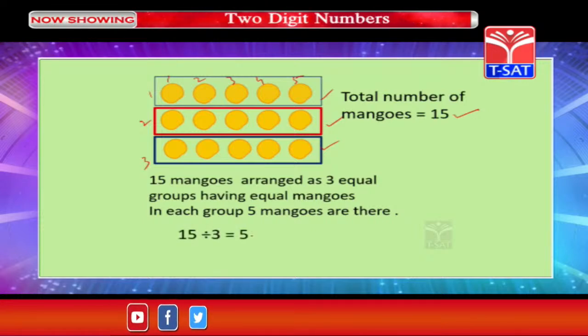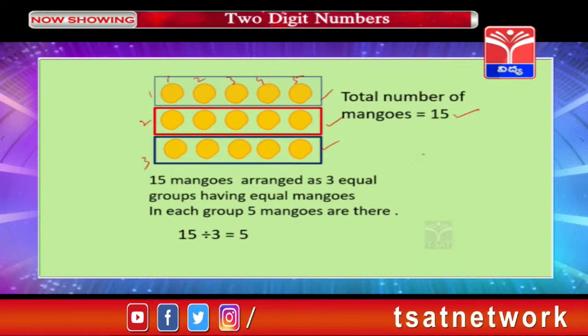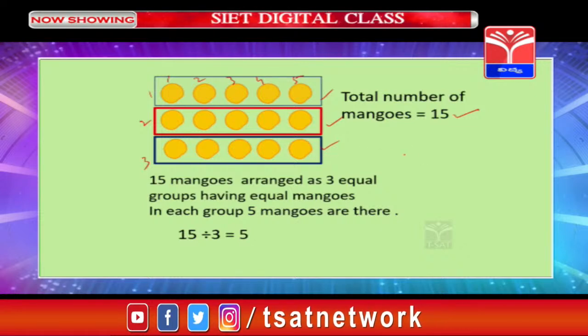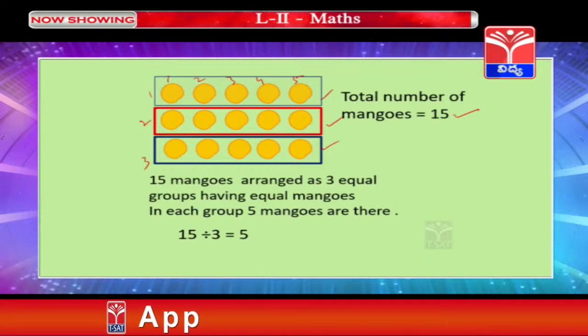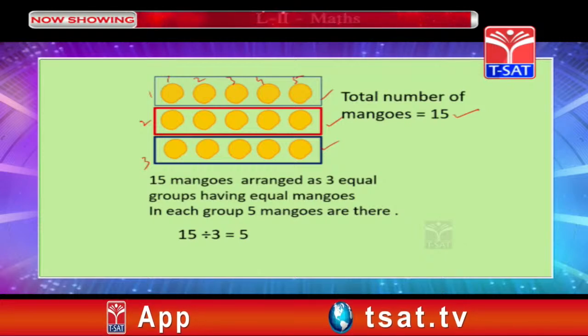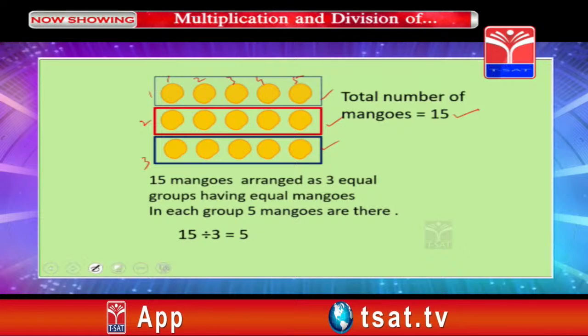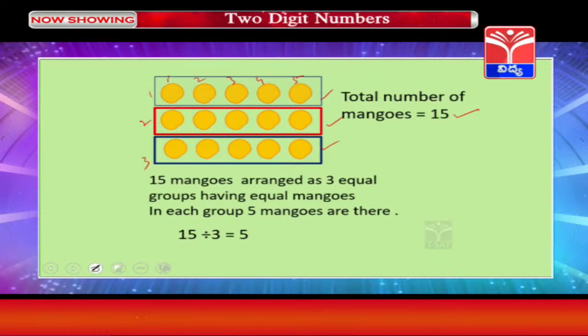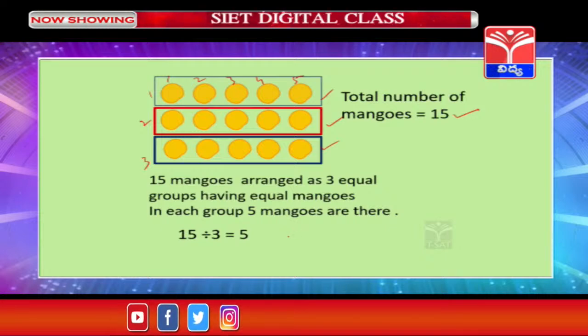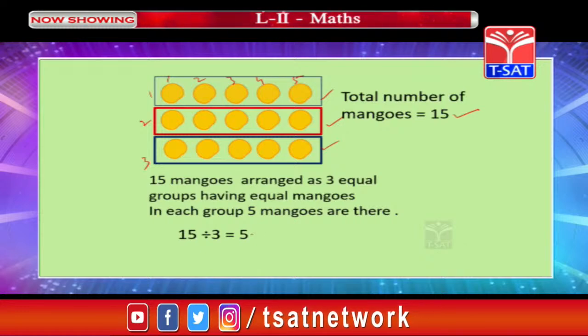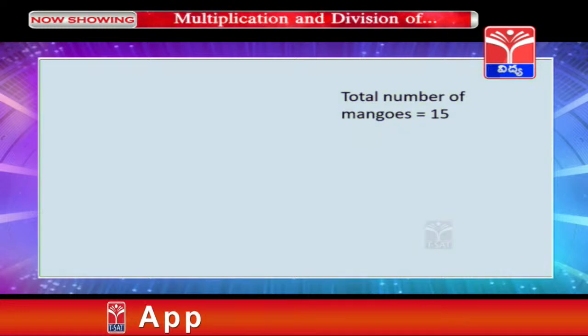So 15 divided by 3, that means 15 mangoes regrouped as smaller groups. Each group contains 5 mangoes. So that can be written as 15 divided by 3, that means 15 mangoes divided into 3 smaller groups. So in each group they have 5 mangoes, right?